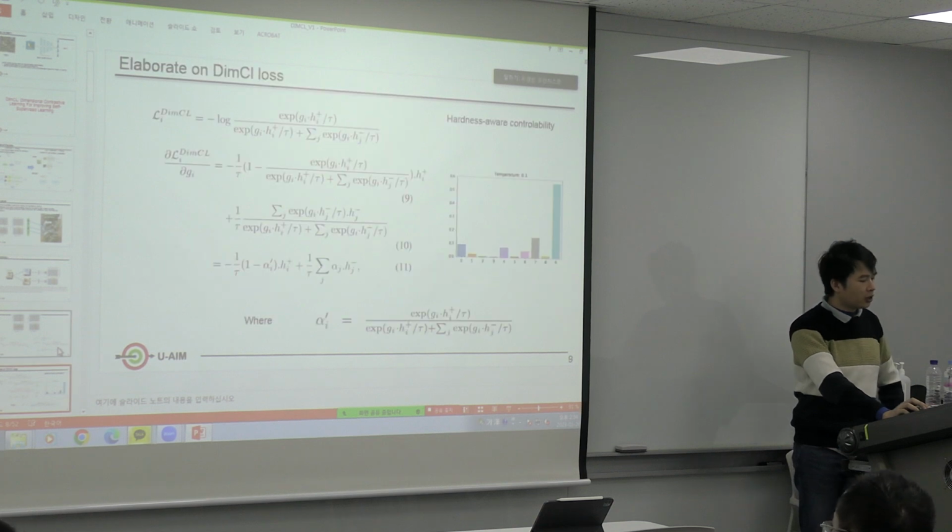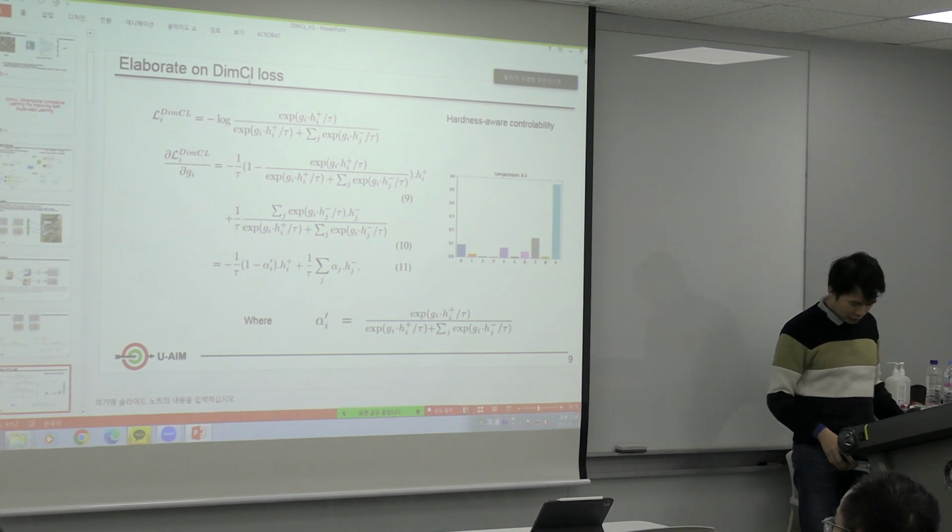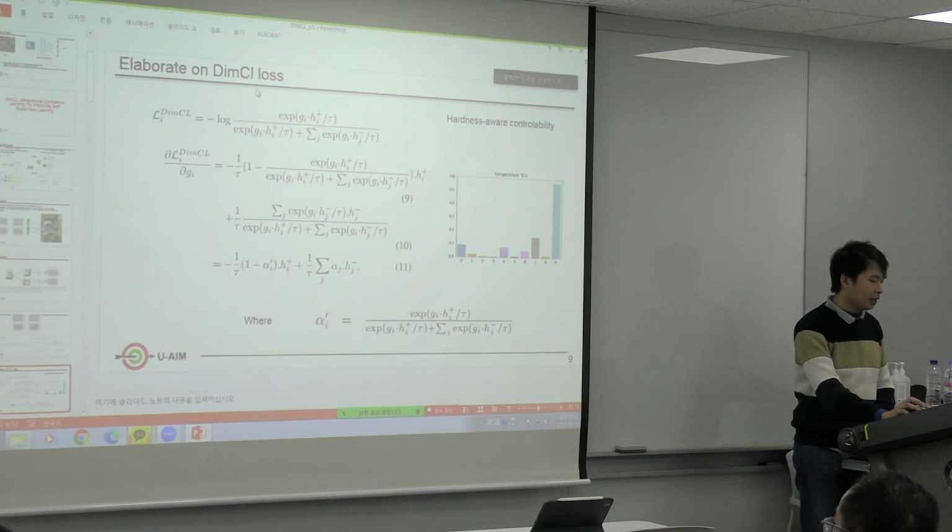This is a more elaborate treatment of the dimensional contrastive loss, but I will skip it. If you are curious, you can find me and I will explain it.